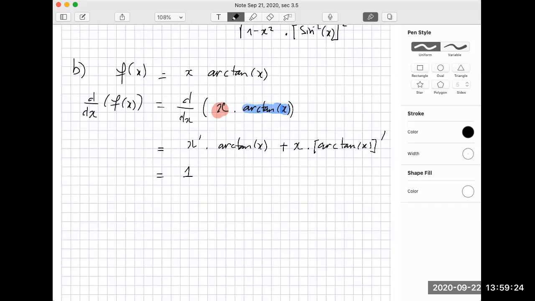Very good, 1. And arctan, we don't have to do anything, we just rewrite it, right? And x here, just rewrite it.